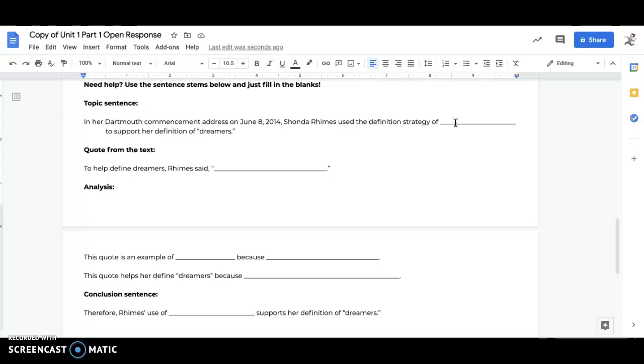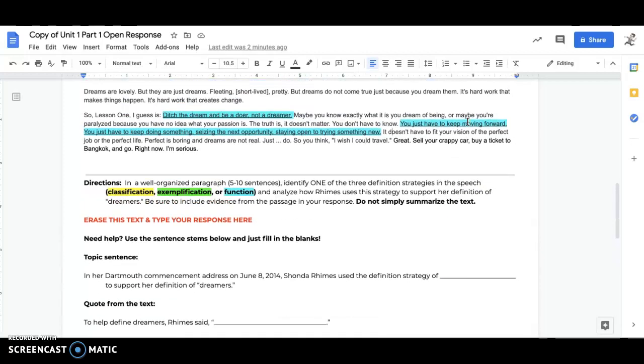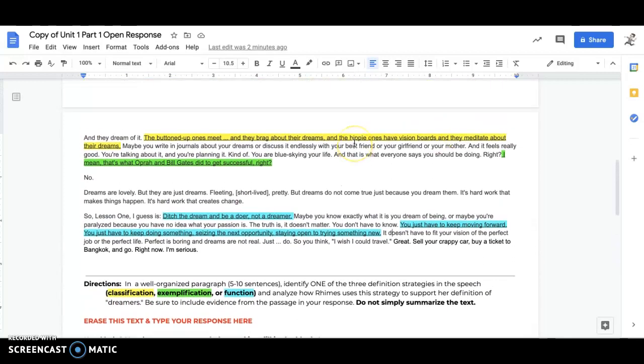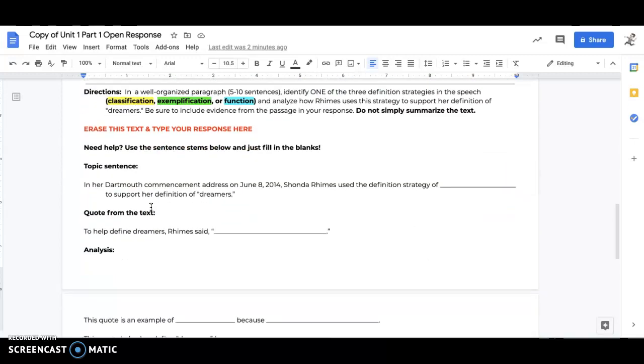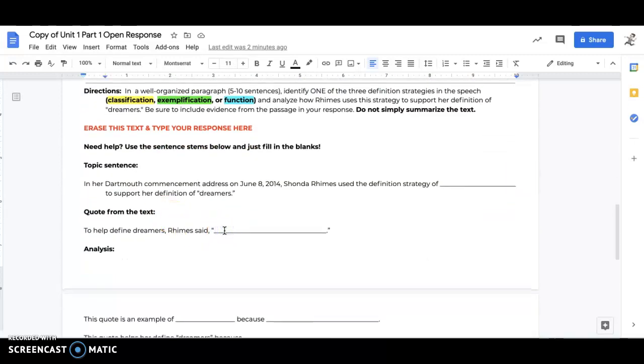Classification, exemplification, or function. The next step is to find a quote from the text that is using that definition strategy that you just picked. So if you used classification, then you're looking up here for one of the yellow examples. You're going to copy it and paste it into the blank here. To help define dreamers, Rhimes said, quote.